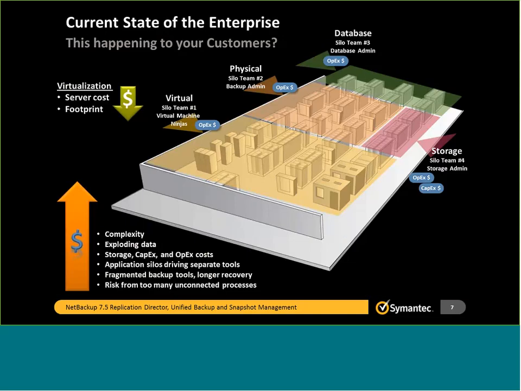So currently we're looking at the state of a customer's environment, specifically an enterprise customer's environment. And there's no question that virtualization is one of the biggest trends in the enterprise today. Virtualization has successfully been able to leverage the increasing power of servers and the capabilities of the actual physical hardware to reduce footprint and to drive associated costs down.